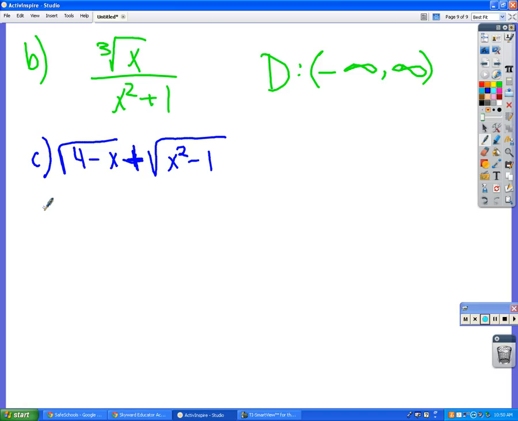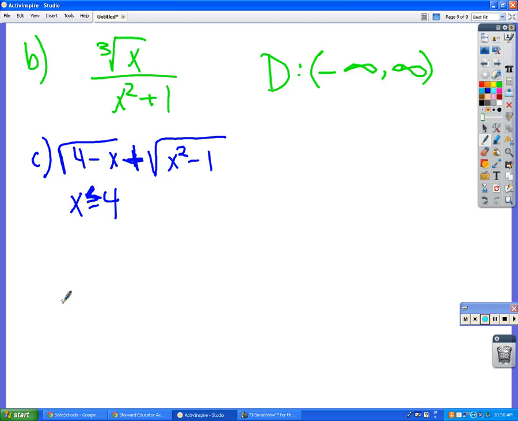It can be greater than or equal to 0 because I can plug in 1 and I'm okay. 4 minus 1 is 3 and that's still positive, right? So from this piece, I know that x has to be less than or equal to 4. If I get bigger than 4, then I'm going to end up with a negative number.